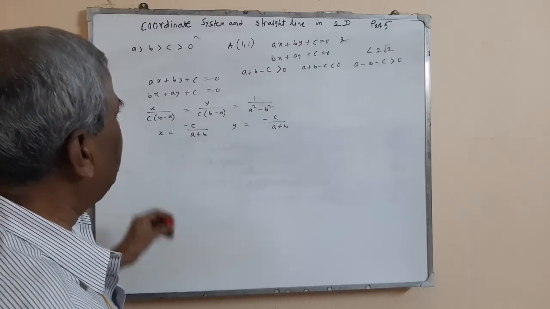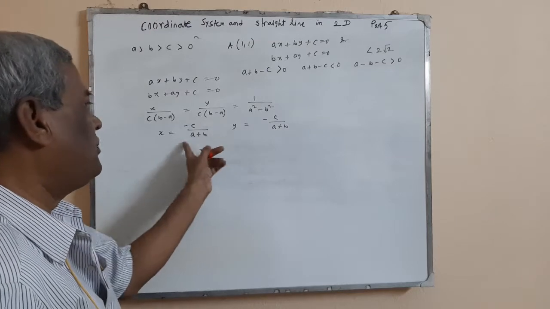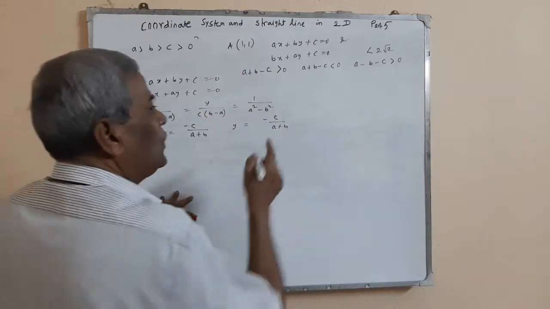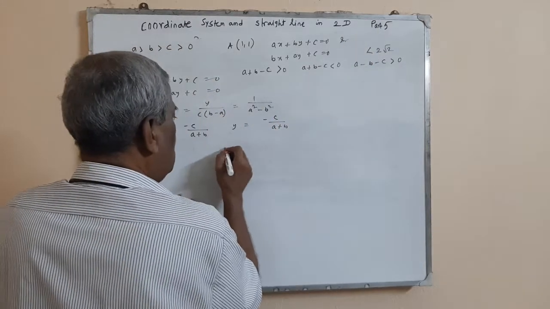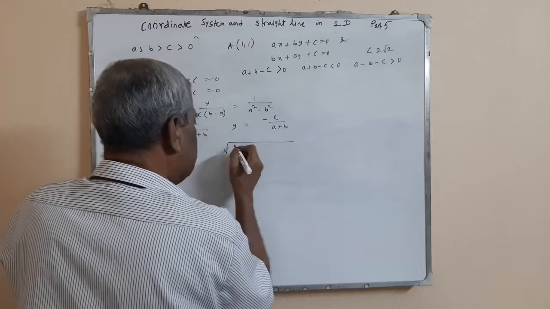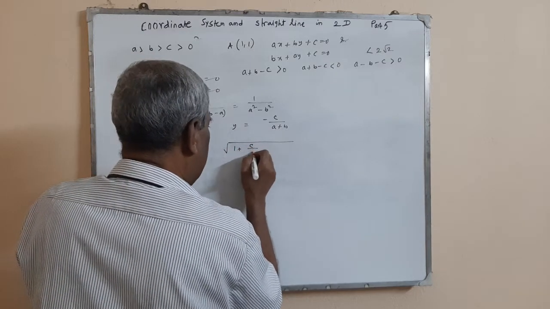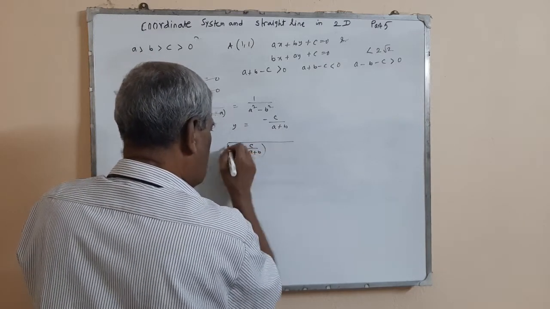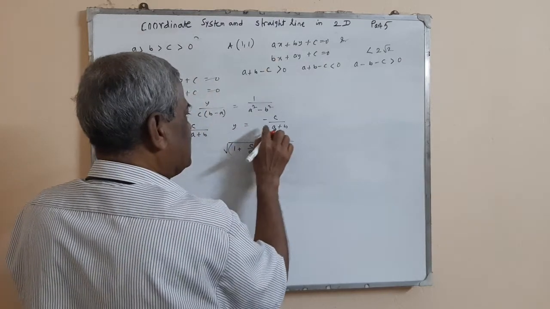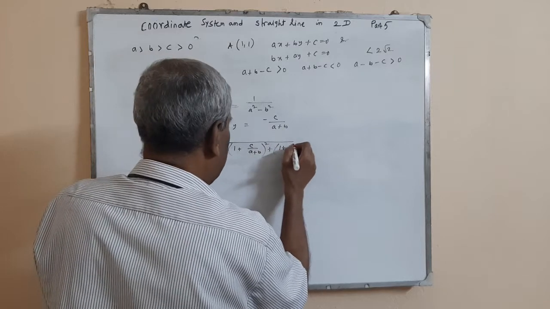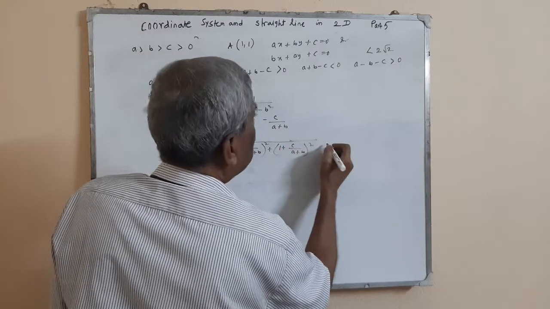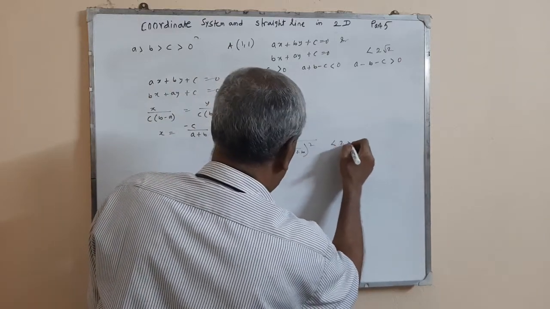Now the required condition is that the distance of that point from A(1, 1) is less than 2 root 2. That is root over of 1 plus C by A plus B whole square plus 1 plus C by A plus B whole square, that should be less than 2 root 2.